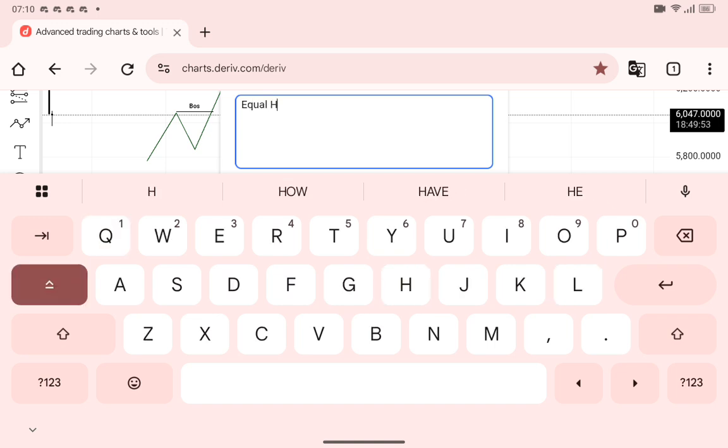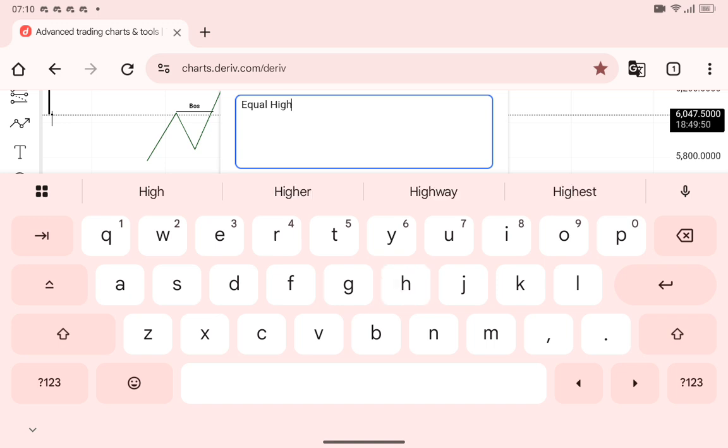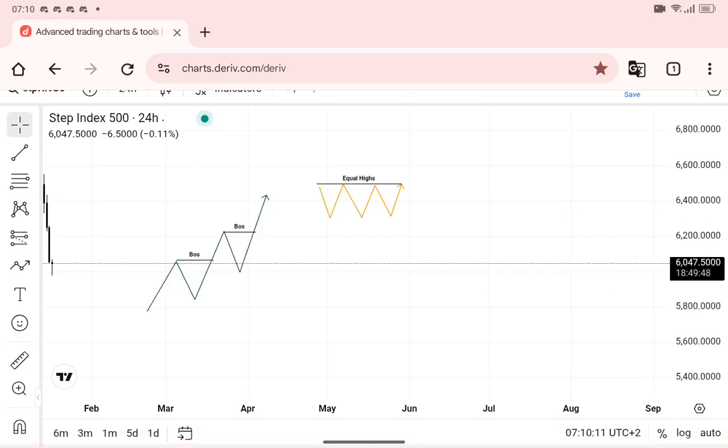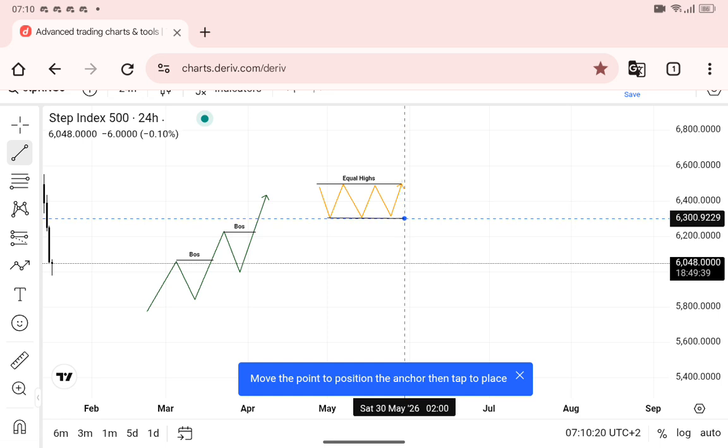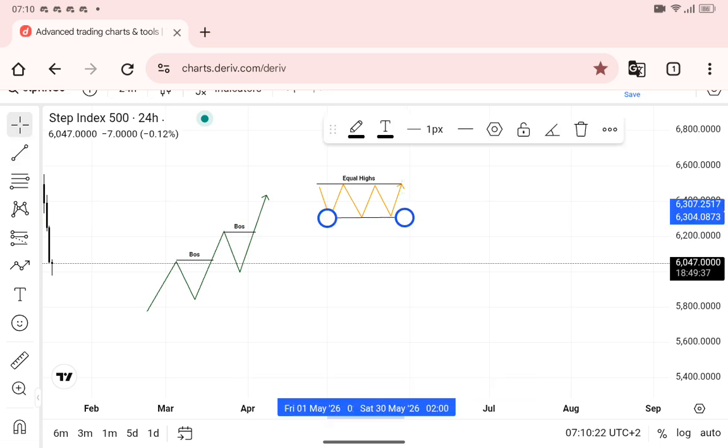You can see we have equal highs and equal lows.